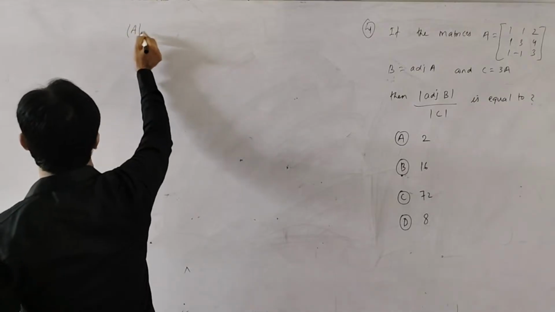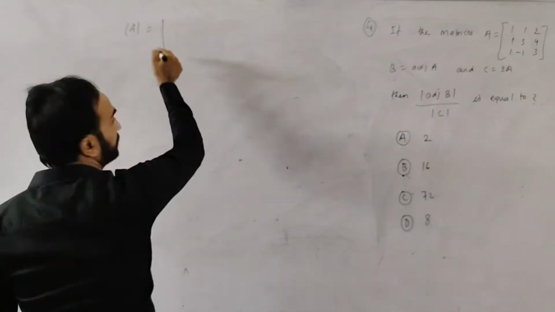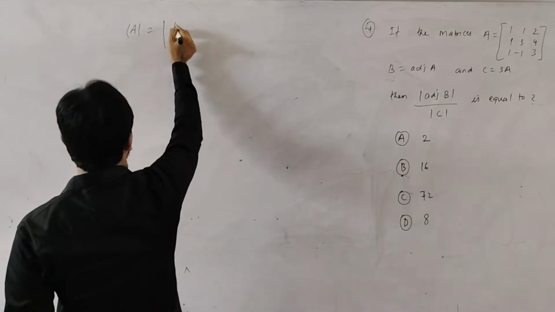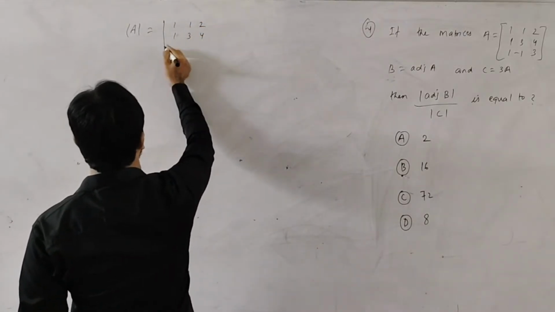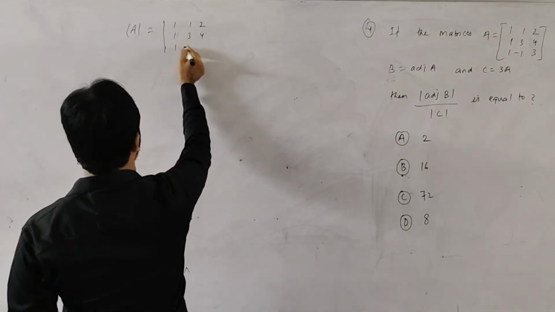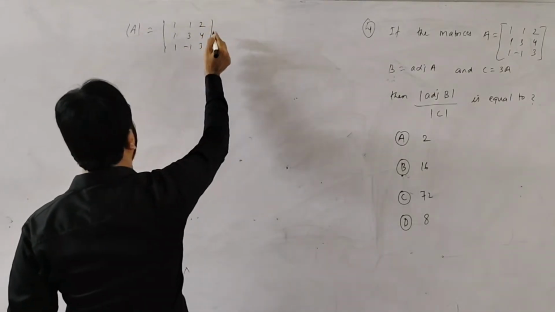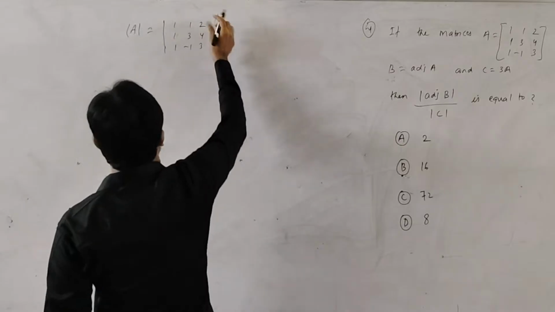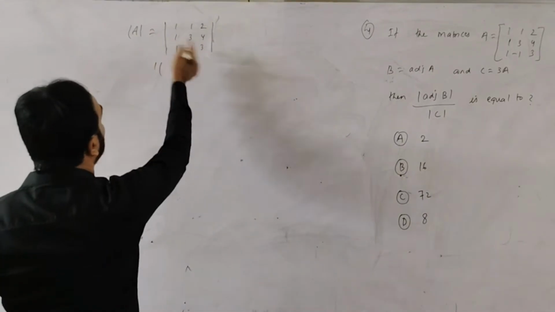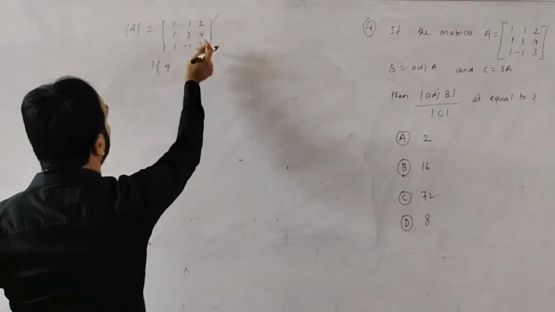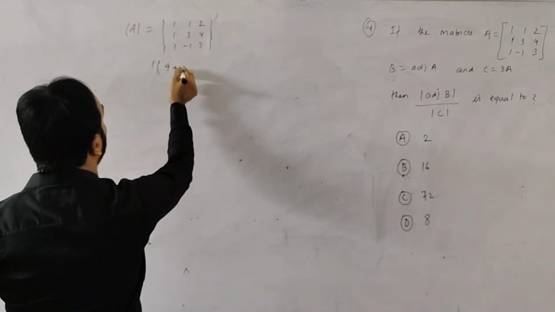Det of A will be 1, 1 and 2, 1, 3 and 4, and 1 minus 1 and 3. Right? So how to proceed? This will be 1 into 3 cross 3 is 9, and this will be 4.